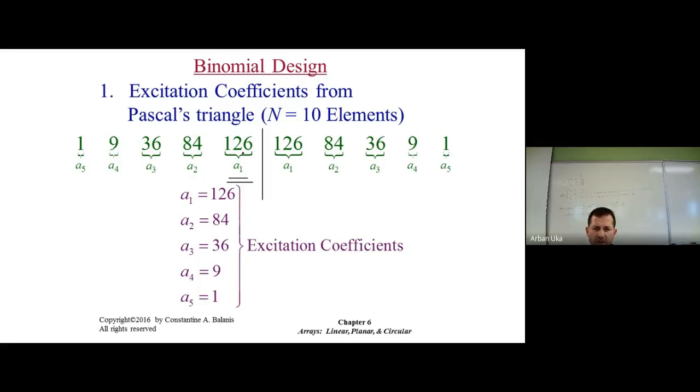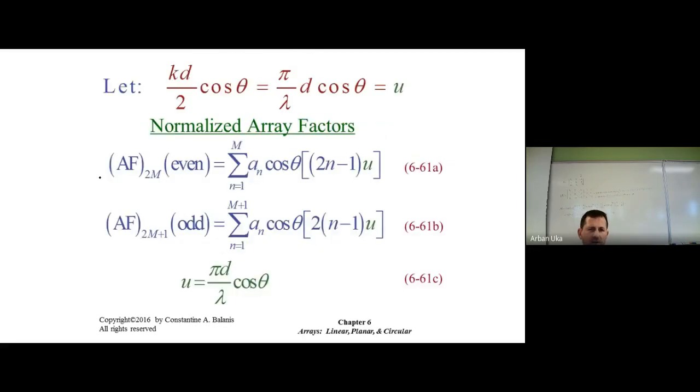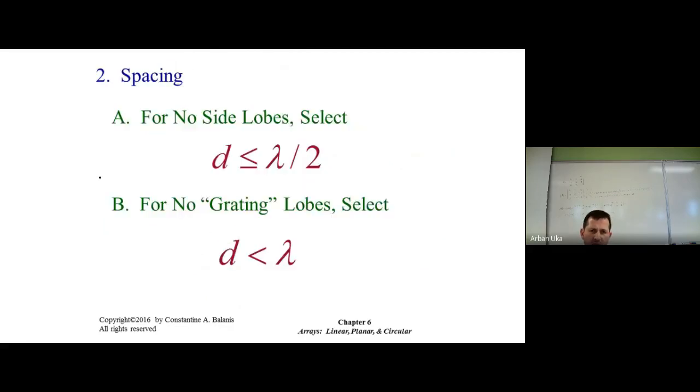We don't have to divide the center element by 2, but that's what are going to be the excitation coefficients of the antenna. So these excitation coefficients are going to multiply the amplitude of the electric field. So now here we have normalized array factors.